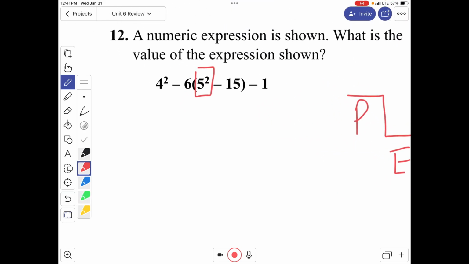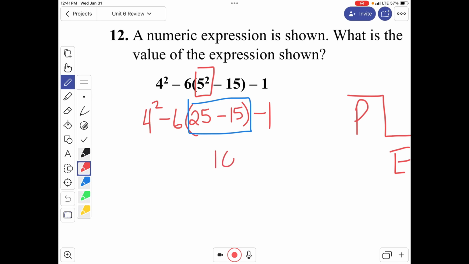Five to the second power means 5 times 5, so that's 25. And then I bring everything else down. Don't forget the parentheses, they're still there. I haven't finished the parentheses, so I need to finish that. 25 minus 15 makes 10.